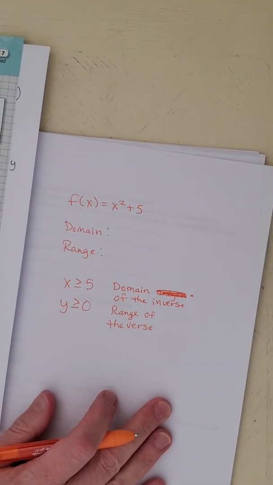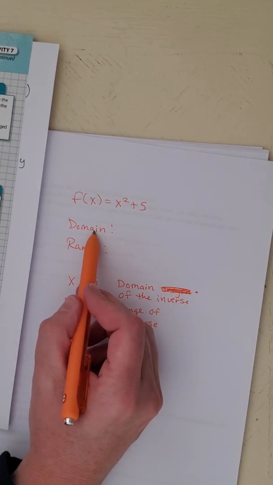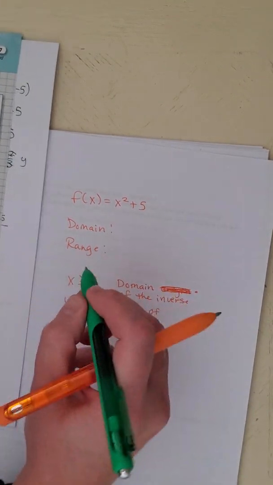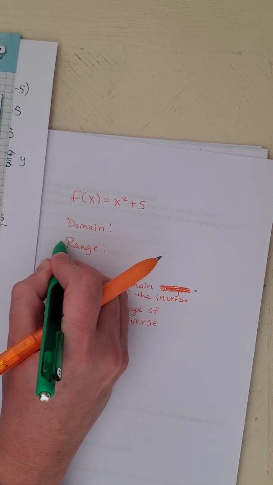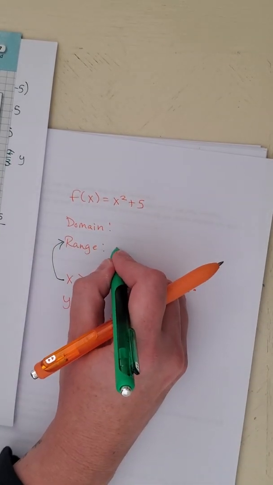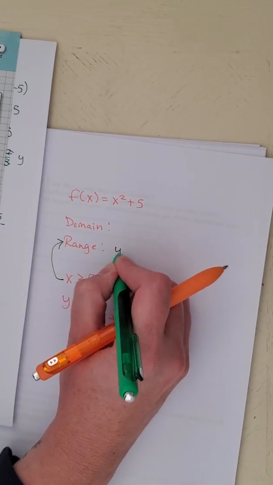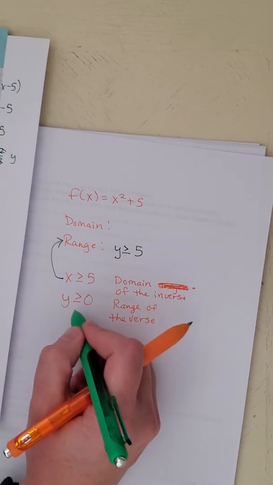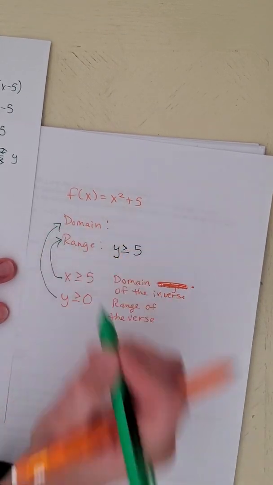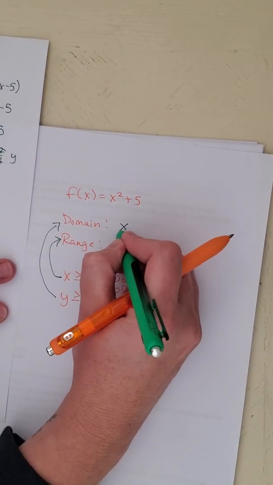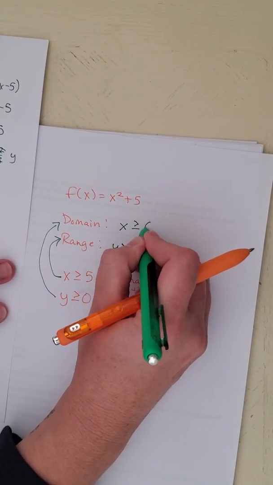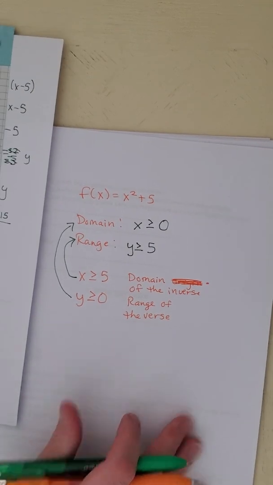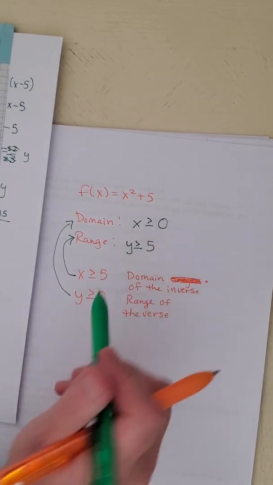To find the restrictions for this function, this becomes our range. That means y will have to be greater than or equal to 5, and this becomes our domain. That means x will have to be greater than or equal to 0. So that is the restriction on this domain.